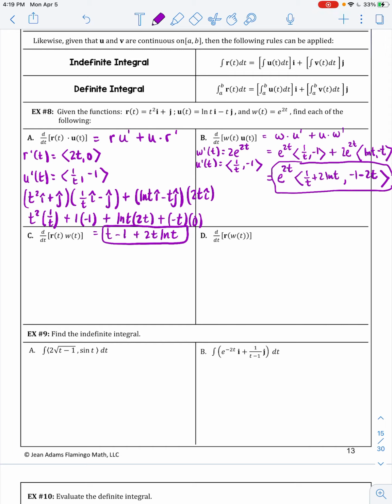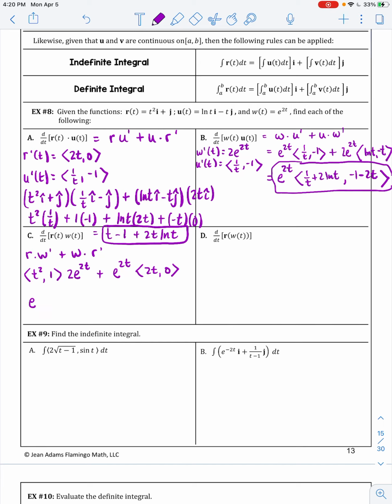Okay, part C. Derivative of a vector valued function times a regular function. So we've got our r times w prime plus our w times r prime. So our r in vector form, t squared comma 1, times our w prime, which is 2e to the 2t, plus our e to the 2t times our r prime, 2t comma 0.